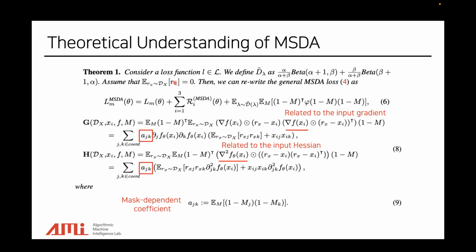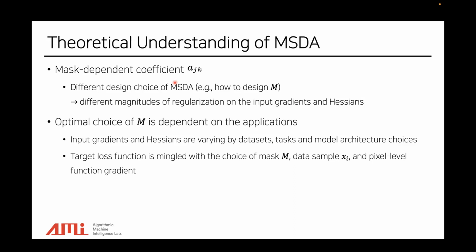We can interpret this equation like this, and we can also get another fact: the optimal choice of mask is dependent on applications, because the target loss function is mingled with the choice of the mask and data sample, and also the pixel-level function gradients. So input gradients and Hessians vary by dataset, task, and model architecture choices.